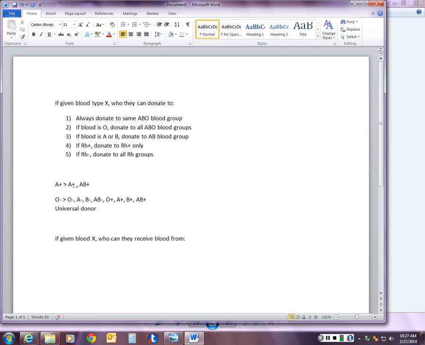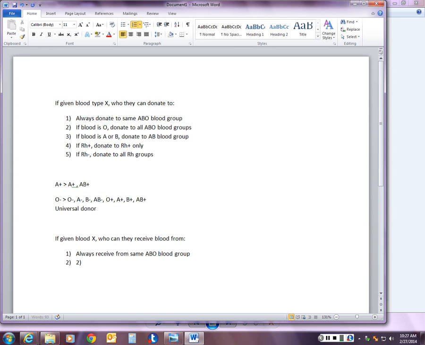Let's give you rules to figure out who they can receive blood from. So, 5 rules again. Rule number 1 says you can always receive from the same ABO blood group.